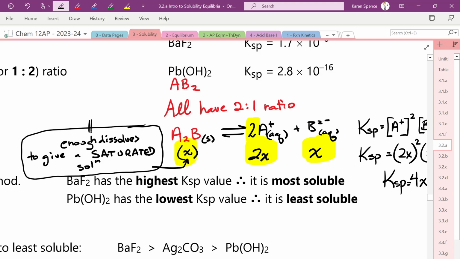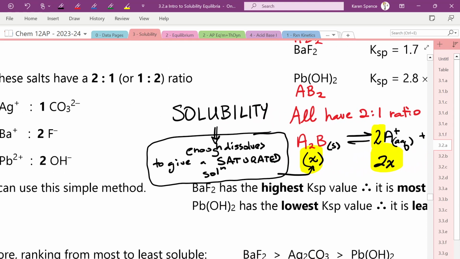So enough to give us a saturated solution, that is the solubility. Okay, because solubility is the concentration of a saturated solution. That's the maximum amount that can dissolve.